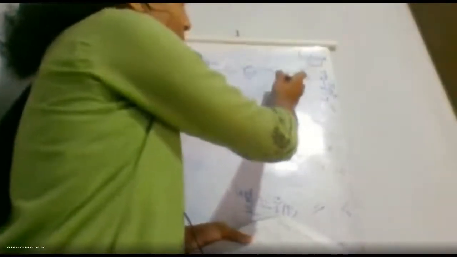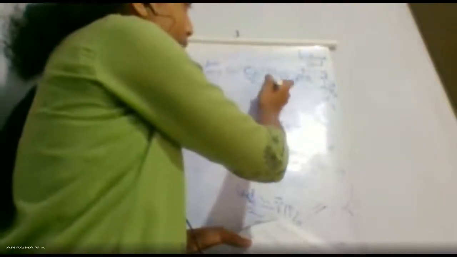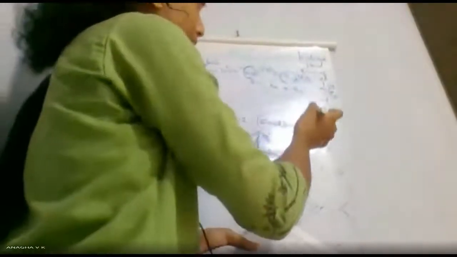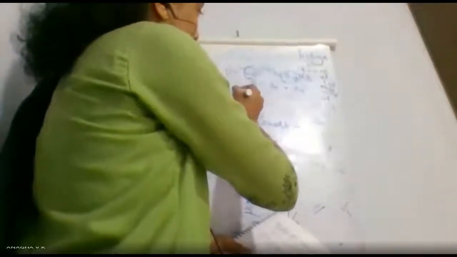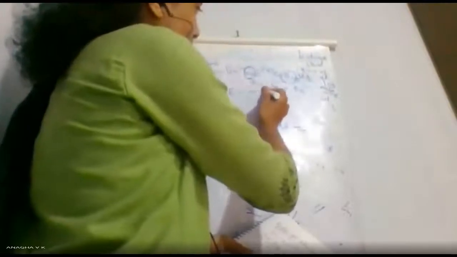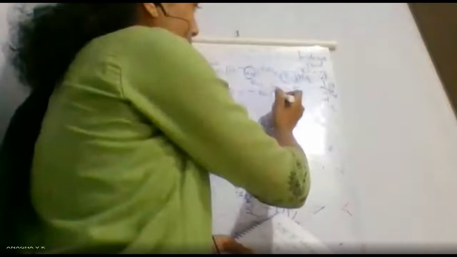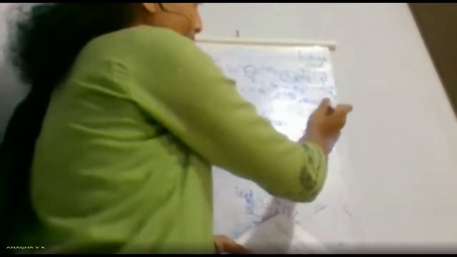We assume that these two point sources have equal amplitude, so E1 equal to E2 equal to E0. So E is equal to minus E0 e raised to minus j psi by 2 plus E0 e raised to j psi by 2.